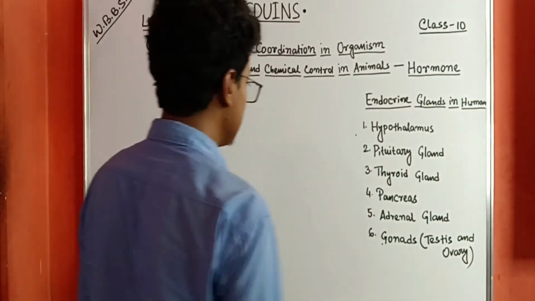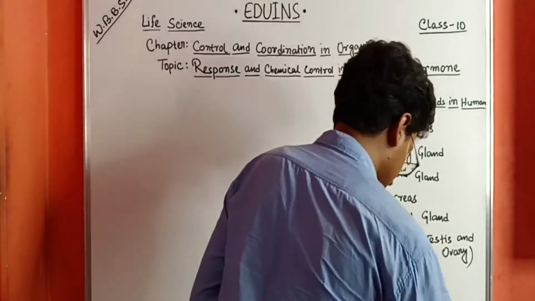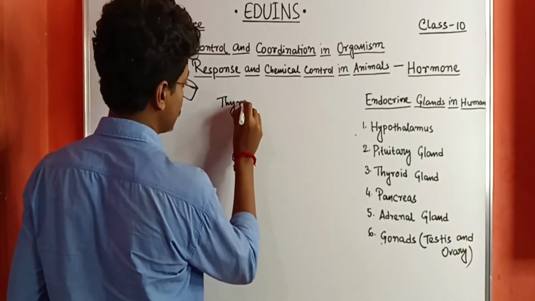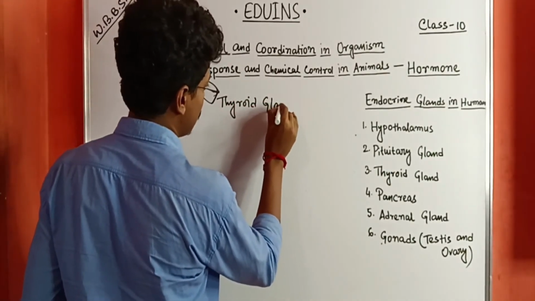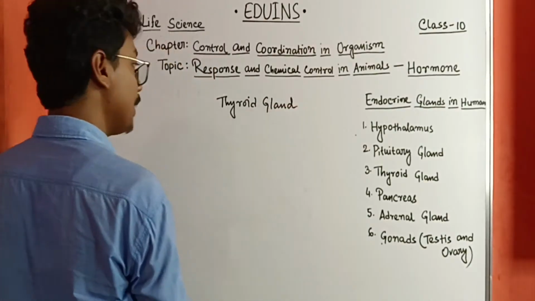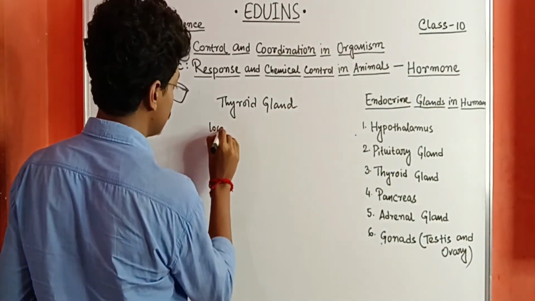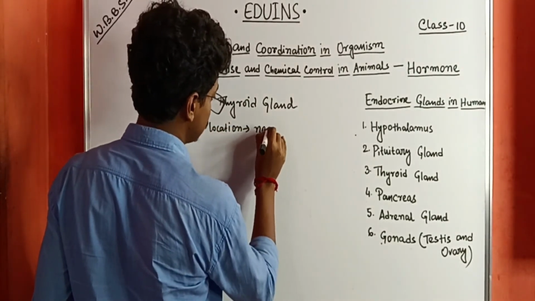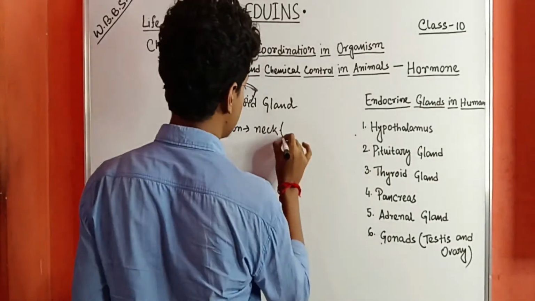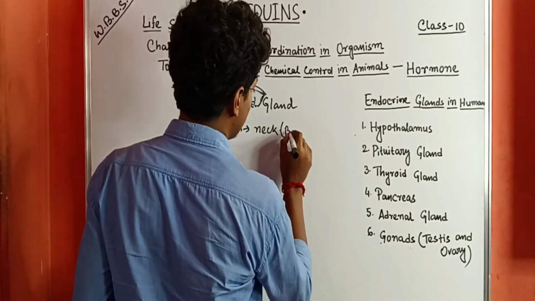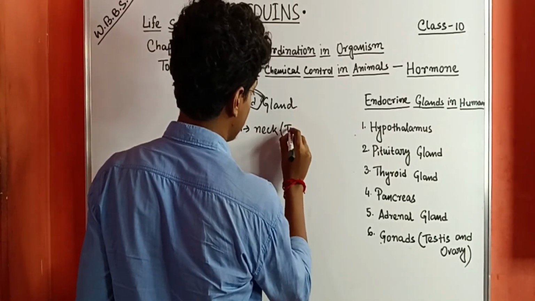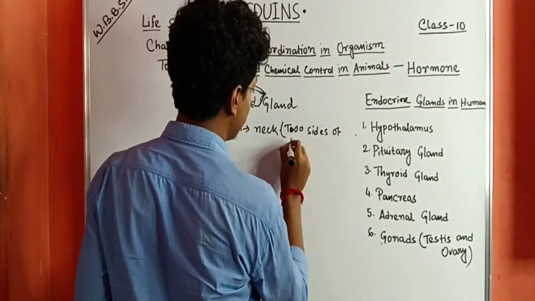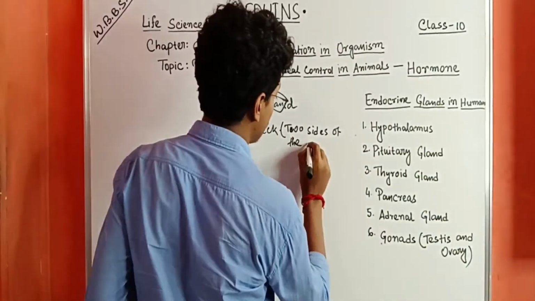So next one is the thyroid gland. Location: our neck region, more specifically, two sides of the esophagus.